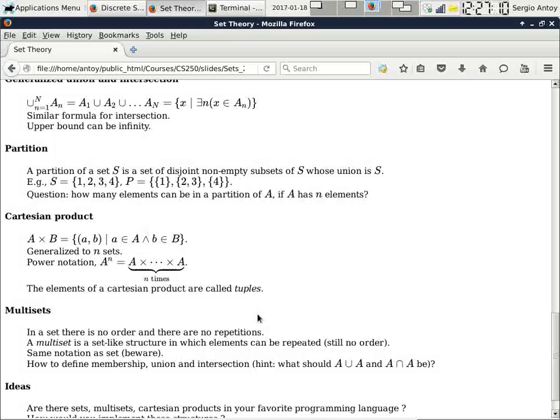So if I continue my example, where A was 1, 2, 3, and I consider A cubed, who can tell me an element there? Yes, this is probably not the best example, so I'll ask you another one. 1, 1, 1. Right? Let me write it. I mean, this is very simple.